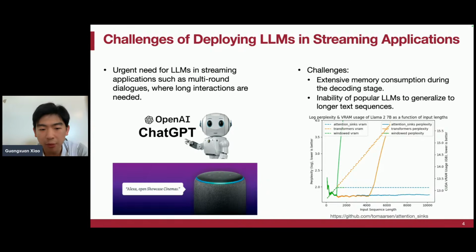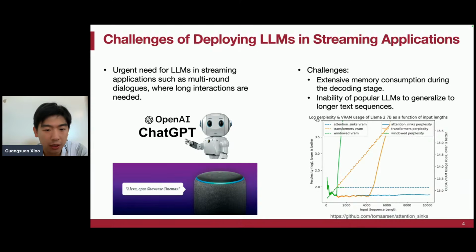But when applying language models to these streaming applications, there are two main challenges. The first one can be depicted in the figure here. We can just look at the orange solid line and the orange dashed line. The first challenge is the extensive memory usage during the decoding stage.